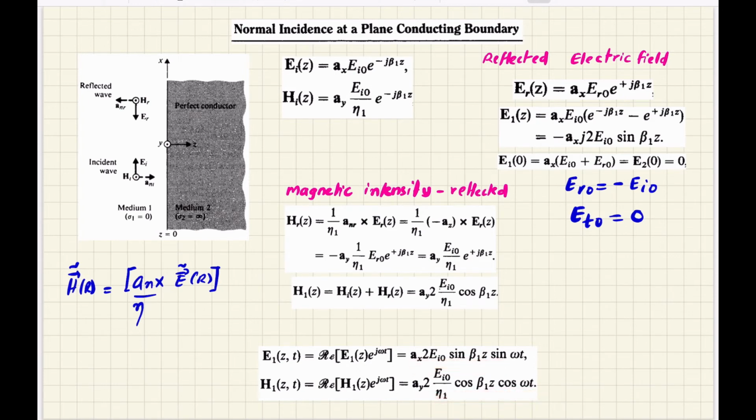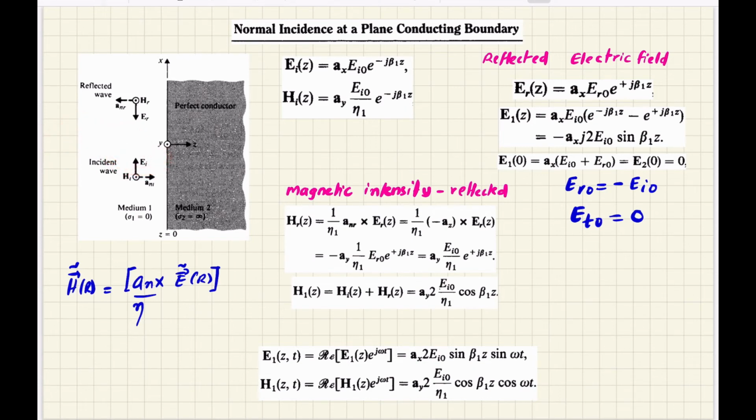Okay. Now in the last lecture, when we discussed normal incidence at a plane dielectric boundary, we calculated the minima of the standing waves. In medium 1 the wave is not a propagating wave, because a wave incident on one medium is completely reflected back.